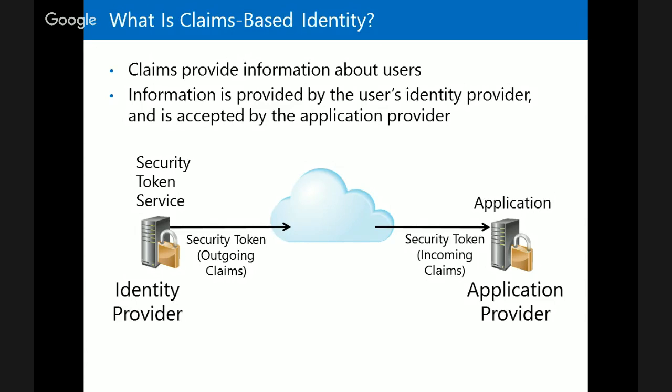That's what that cloud means in this slide. And then the application provider accepts this claim. It says, okay, you've made this claim. Who are you? What is it? Are you in the right group? Are you using the right username? Are you managed by a certain group? Do you have a certain manager? Are you in a certain location? Whatever it is, to allow access to that particular application.